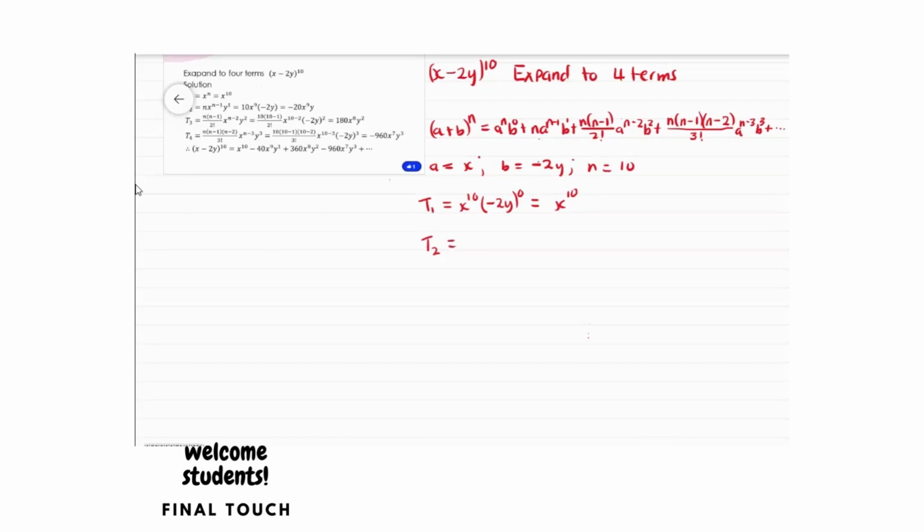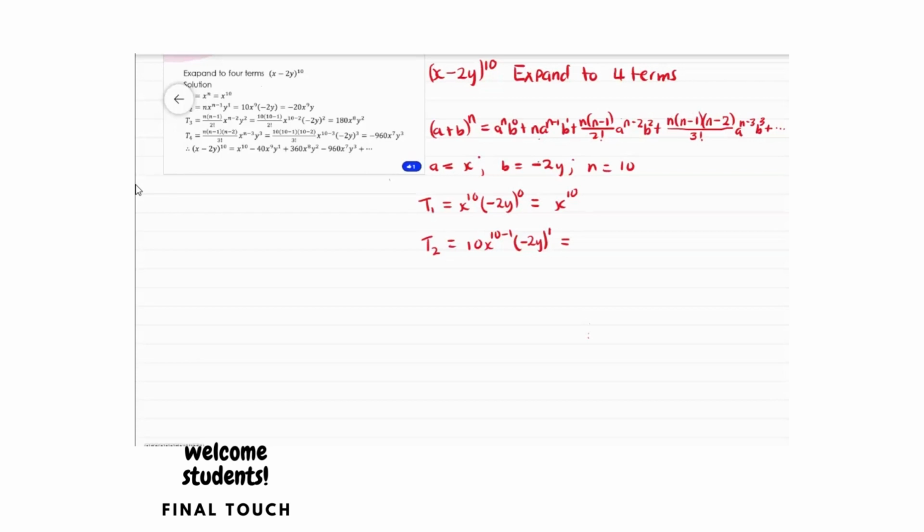Second term, this is our second term, so we're going to have 10 for n and x for a, to the power 10 minus 1, and as we can see, our b here is minus 2y, so we're going to put minus 2y raised to the power 1. If we simplify here, any number raised to the power 1 is that number.